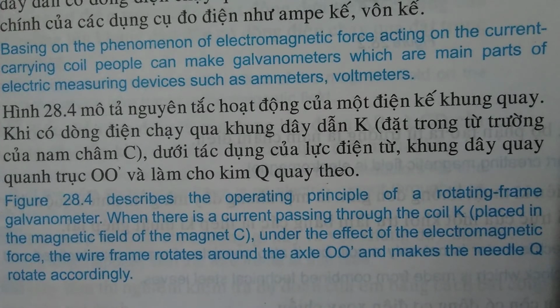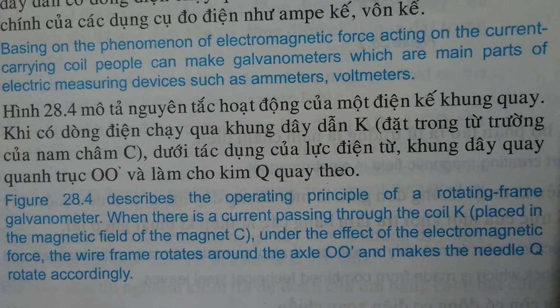When there is a current passing through the coil K placed in the magnetic field of the magnet C, under the effect of the electromagnetic force, the wire frame rotates around the axle OO' and makes the needle Q rotate accordingly.